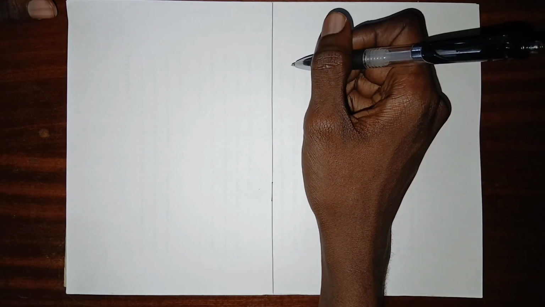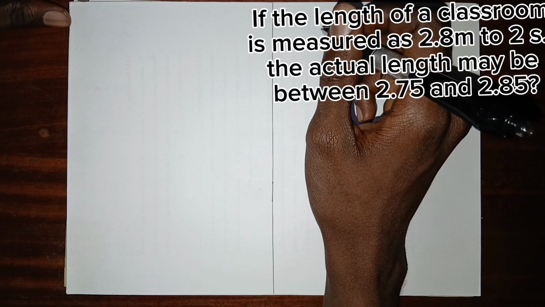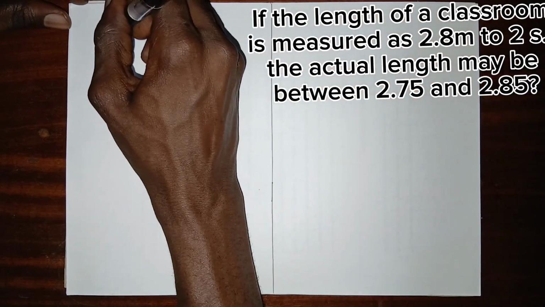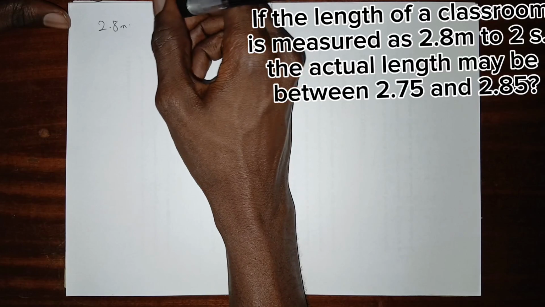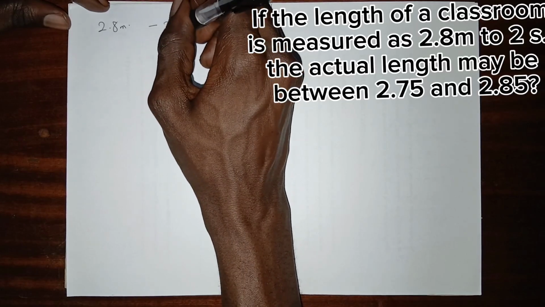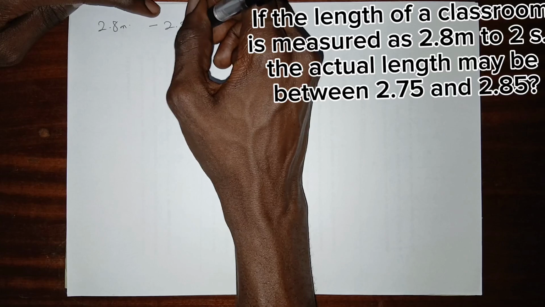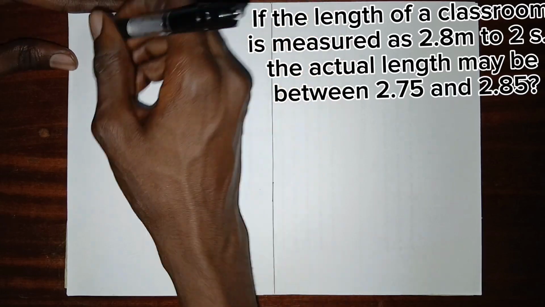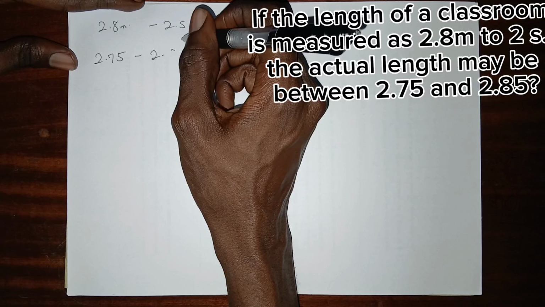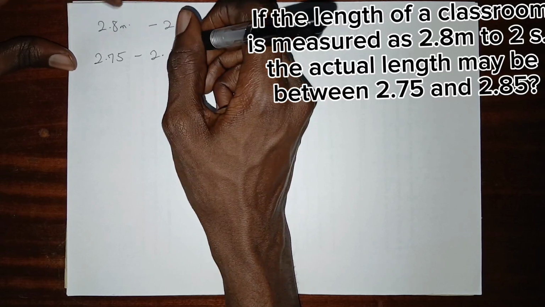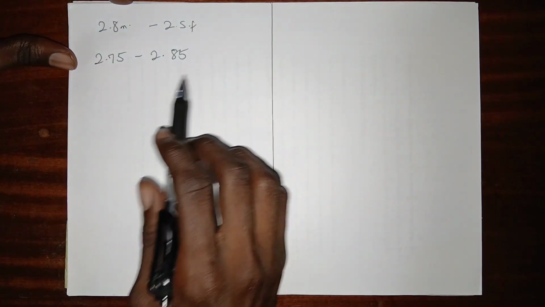If you have a length, for example of a classroom, that is measured at, let's say, 2.8 meters, it was measured to two significant figures, but it could have been from 2.75 to 2.85.